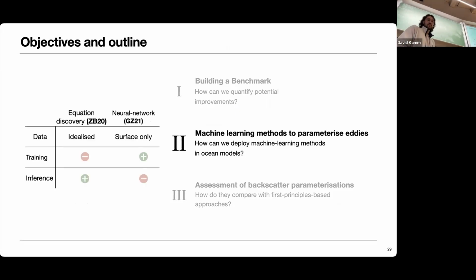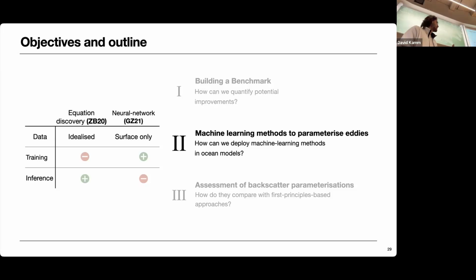Just to quickly sum up the advantages and disadvantages of the two methods. So we looked at the equation discovery approach and the neural network approach. During the training phase, the equation discovery approach is not as advantageous. You need to make many assumptions about the terms that you include, and you need a lot of knowledge before you can actually learn this equation.